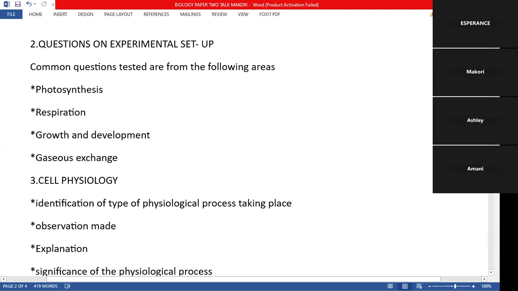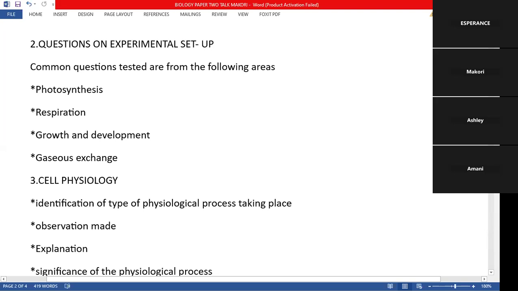Another one is on respiration. Here on respiration, there are many questions that we normally get. Like a glucose solution that has been immersed within a water bath, maintained at a temperature of 37 degrees Celsius, then connected to a test tube containing lime water.